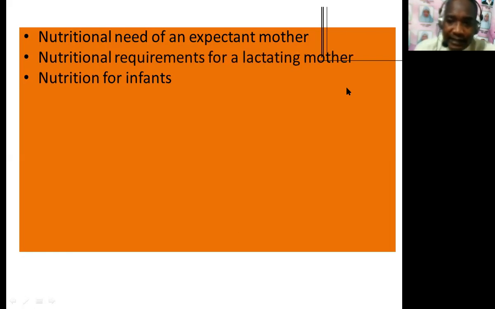Now we move, candidates, to the disadvantages of breastfeeding or breast milk. Breast milk, 1, may not be available in case the mother passes on. 2, it curtails the movement of the mother since she has to be present to provide the baby with breast milk.